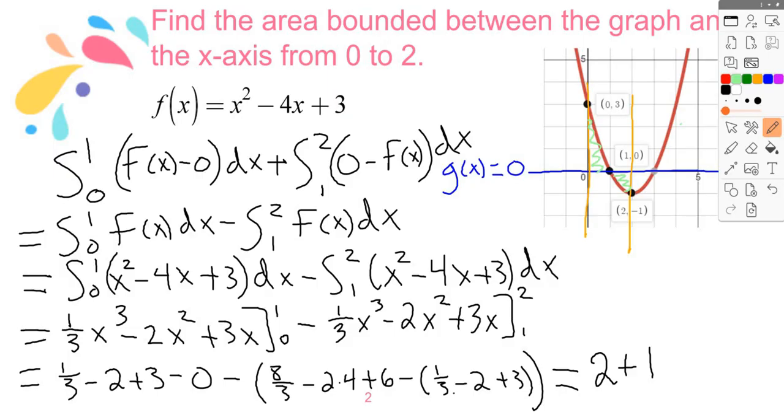Then this would be a negative 8 plus 6 gives us negative 2, but I am subtracting that, so that becomes positive. Negative 2 plus 3 gives us 1, but I am subtracting that, so that's a negative 1, but then we're subtracting that, so that becomes a positive 1. So then 2 plus 1 plus 2 plus 1 gives us 6.